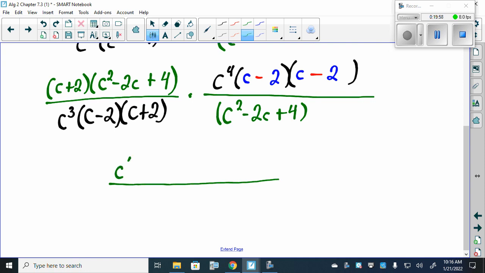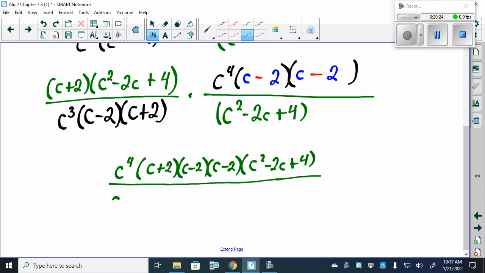Now, if there's just single terms being multiplied by any of the sets of parentheses, I'll put them out front. So I'll put the c to the fourth out front. We have c plus 2 times c minus 2 times c minus 2 times our c squared minus 2c plus 4.